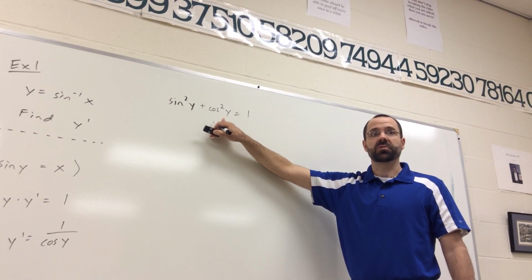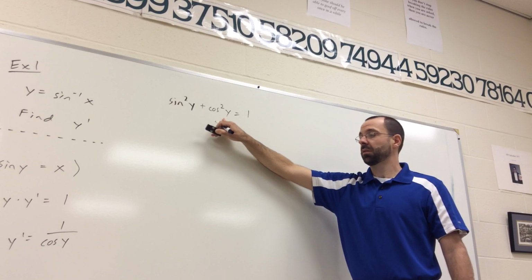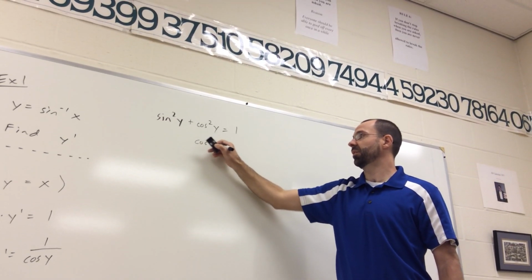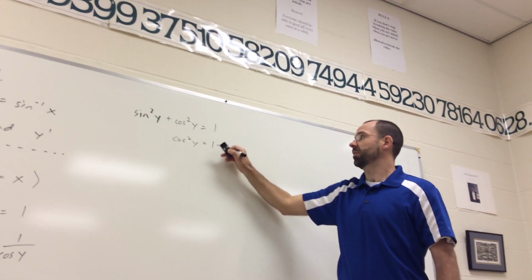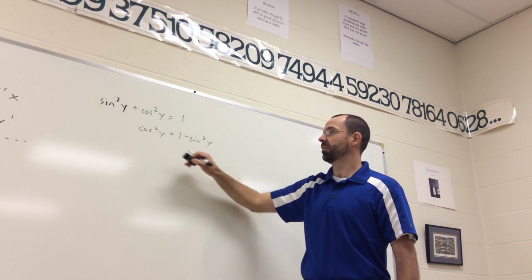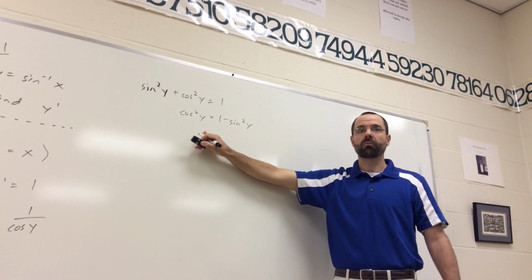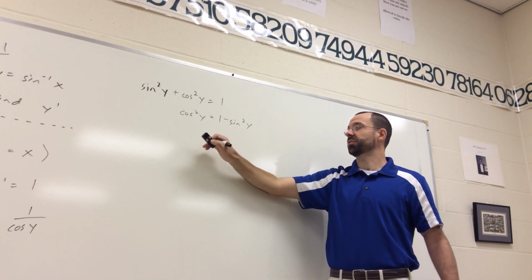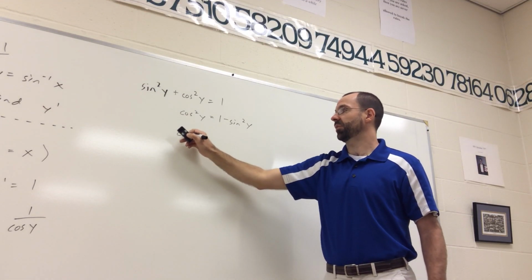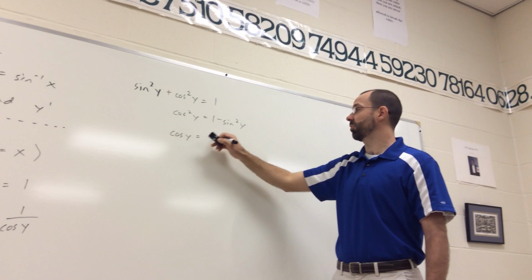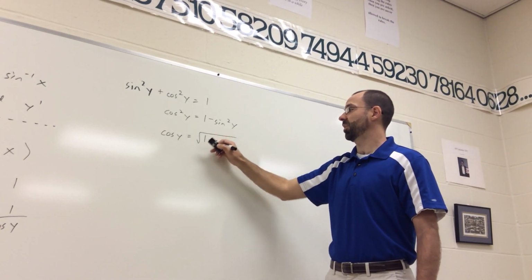Sine squared plus cosine squared equals 1. So then if you subtract this to the other side, that tells you that cosine squared equals 1 minus sine squared. And then if you take the square root, you figure out that cosine is the square root of 1 minus sine squared.